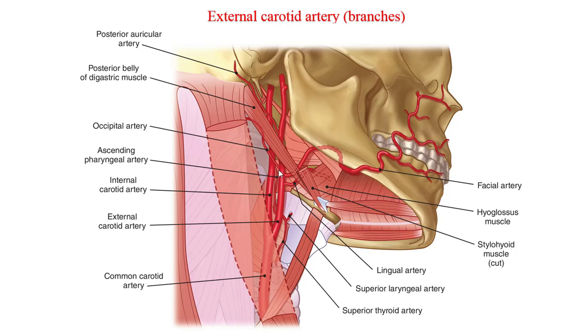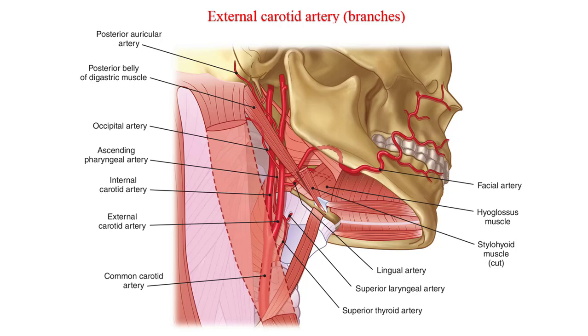Another important artery that we see here near the posterior tip of the greater horn of the hyoid bone is the lingual artery. This artery often arises in common with the facial artery, then becoming the faciolingual artery, and passes deep to the hypoglossal nerve to supply the muscles of the tongue and some other structures of the mouth like the sublingual gland and tonsils.